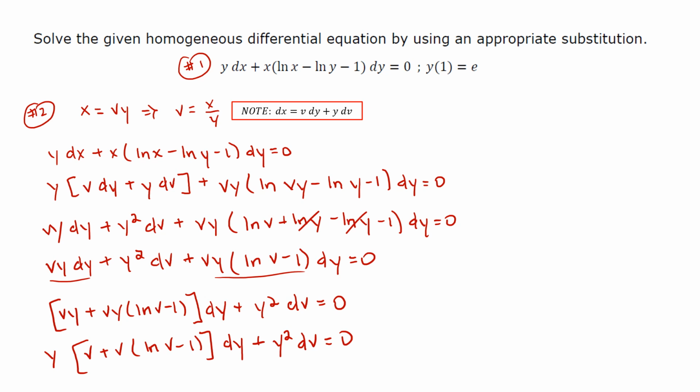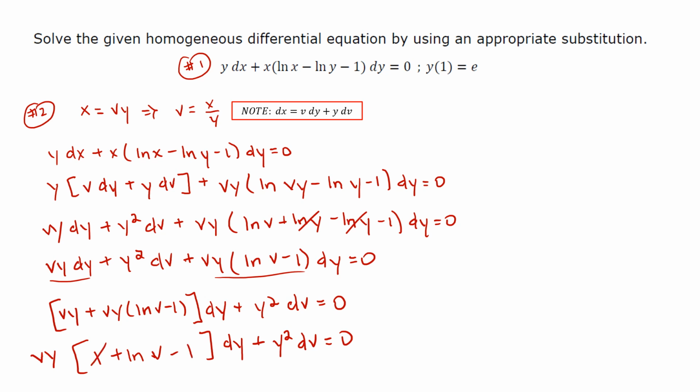Okay, and so now what we can do is factor out a v from our grouping in this parentheses. So we technically could have factored out a v and a y in this step. So let's do that actually. So when we factor out a v and y, we'll have 1 plus the natural log v minus 1.